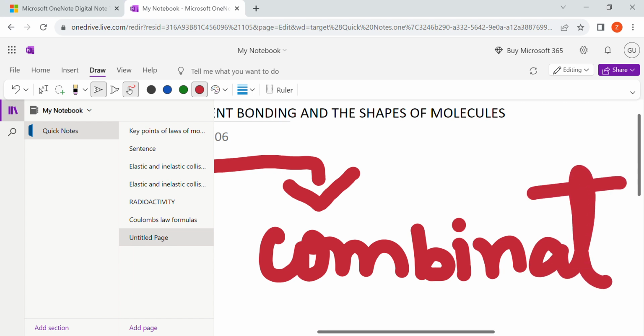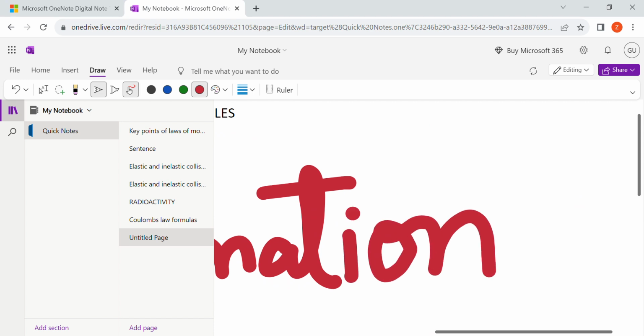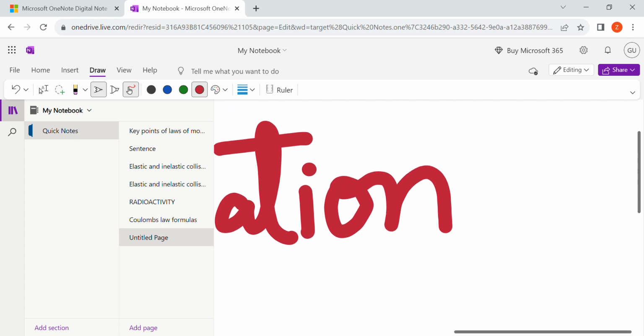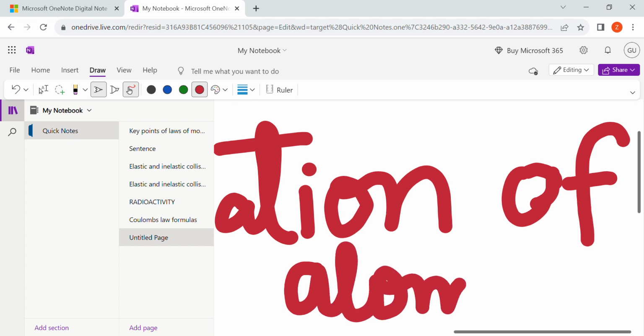Now the question arises: why does an atom do combinations? Why does an atom combine? For getting stability. And when the atom gets stable, during the stability, it releases energy. Alright, you need to keep one thing in your mind, that when the atom is stable, it releases energy.